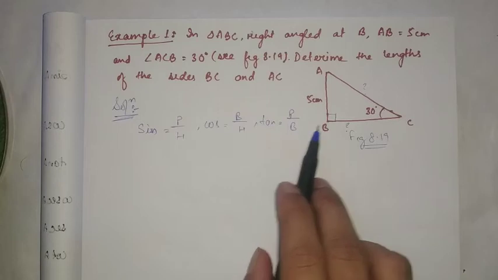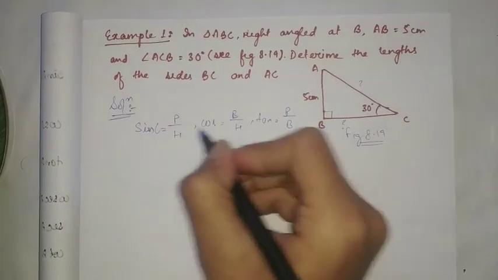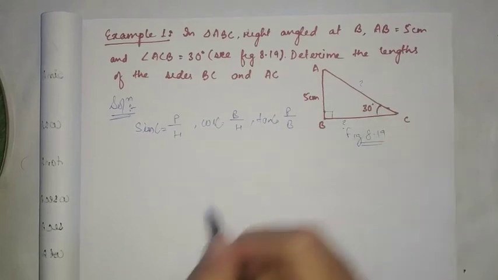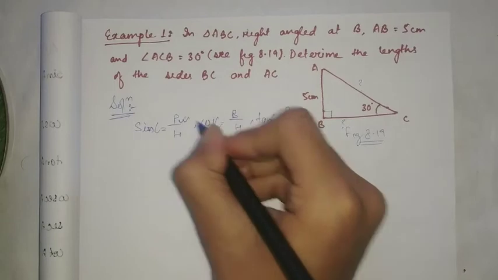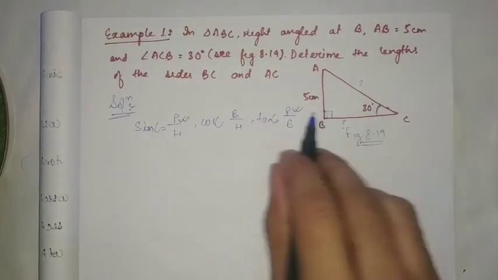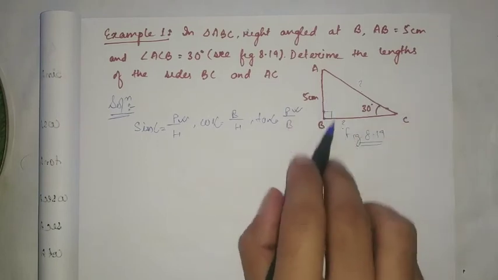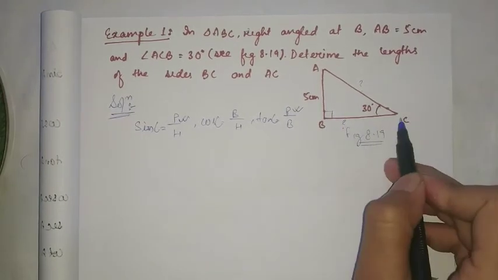So here we see that we are given one angle, suppose it is C, and we are given the perpendicular. So we are given this value and this value. Suppose we have to determine the value of BC, that is the base.